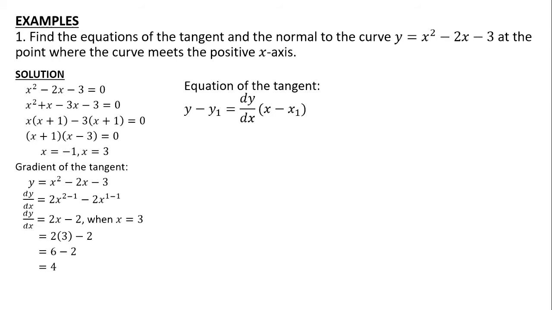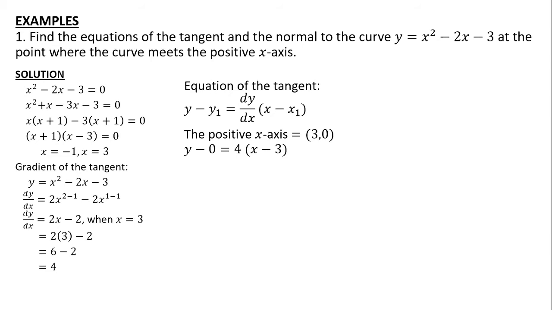Since the tangent was at the point (3, 0), where there's y1, we are going to replace a 0, and where there's x1, we'll replace a 3. Then we'll expand.